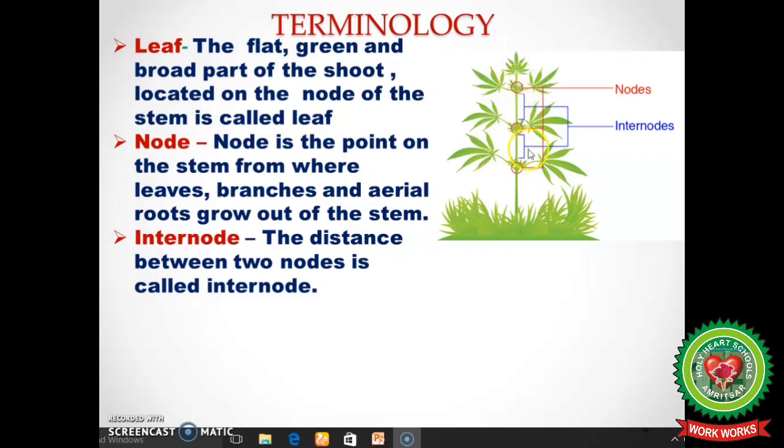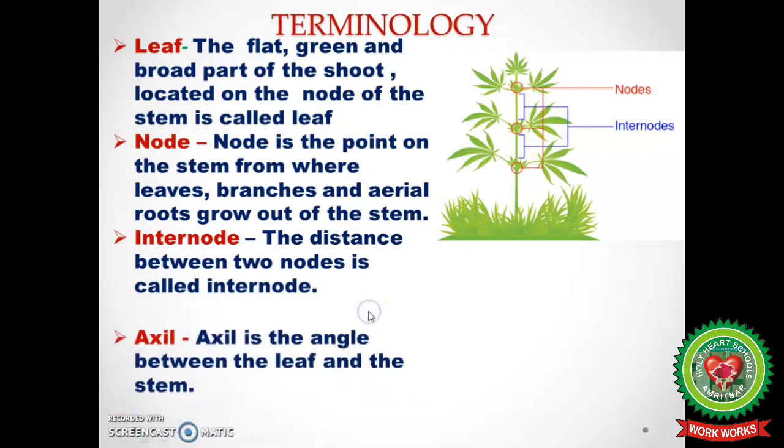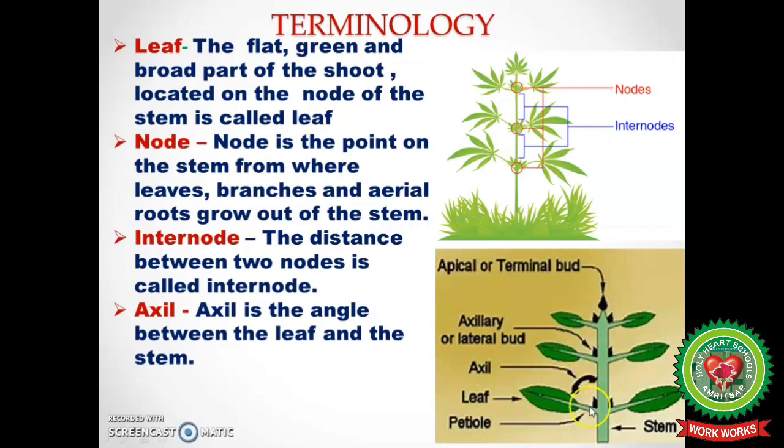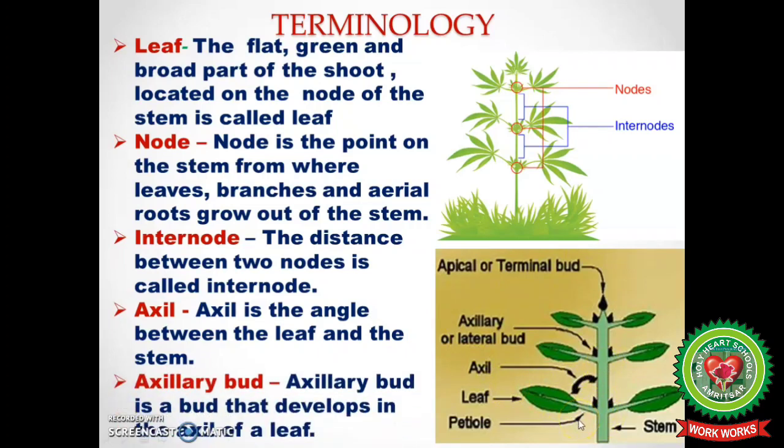Internode. The distance between two nodes is called internode. Axil. Axil is the angle between leaf and the stem. Axillary bud. Axillary bud is a bud that develops in the axil of a leaf.